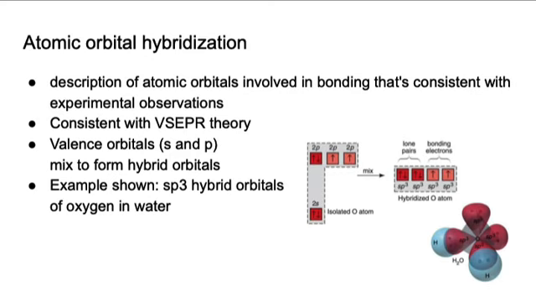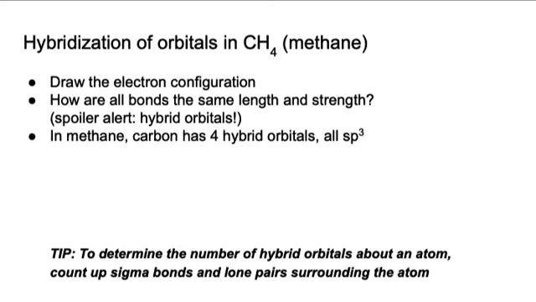With 6 electrons in its valence, this oxygen has 2 covalent bonds of equal length and strength, and the only way to describe this is to come up with a model that allows for all 4 regions about this oxygen to be pretty much the same. Indeed, the one 2s orbital and the three 2p orbitals will mix to form 4 sp3 hybrid orbitals.